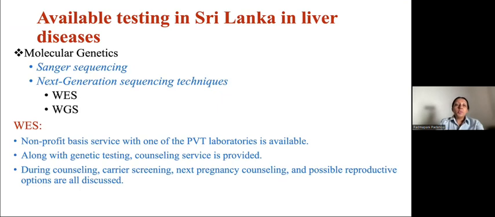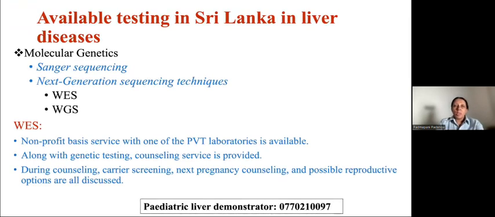If you have any patient with an uncertain diagnosis and want to do genetic testing, you are free to contact the pediatric liver demonstrator. At the moment, we have Dilshan. We can divert your samples through this channel, because the price is remarkably low compared with whole exome sequencing prices in other countries.